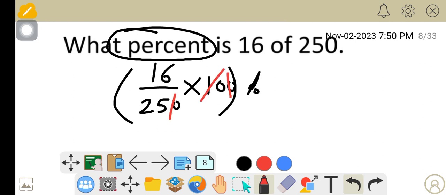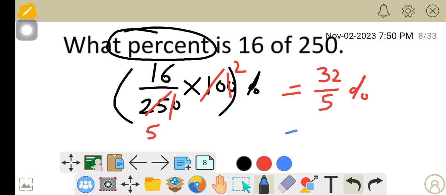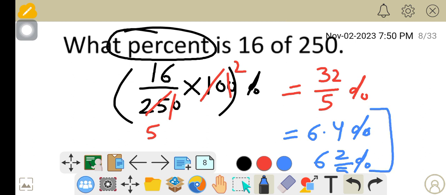From 5 it is 2, from 5 it is 5, so we have 16 into 2, that is 32 by 5%. This is the answer. We can simplify more by dividing by 5. It will be 6.4%, or you can also write it in mixed fraction as 6 whole 2 by 5%. You can write your answer in any form from these two.